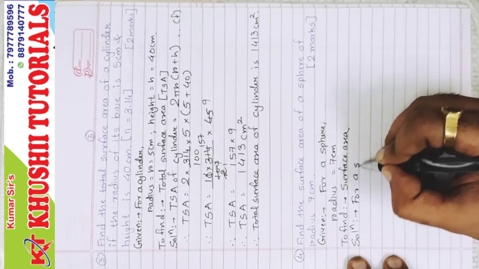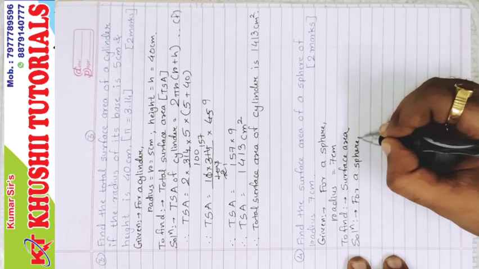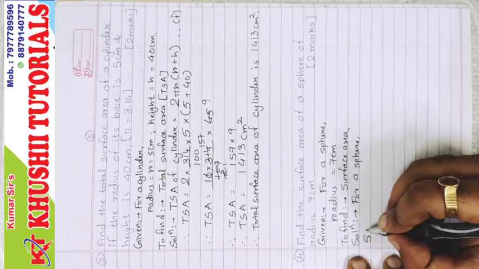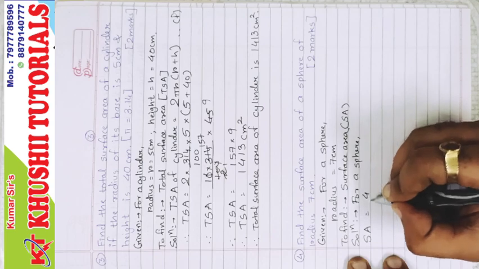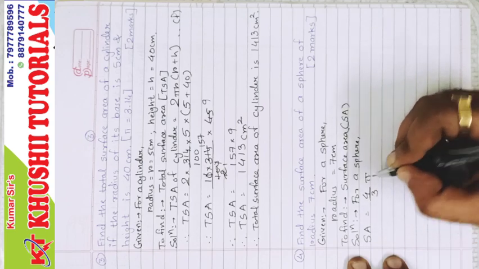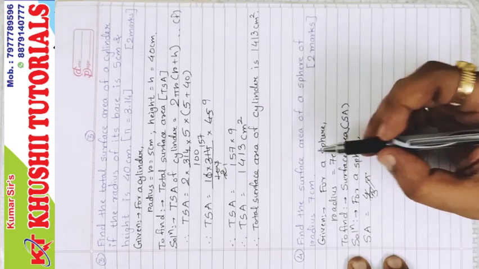For a sphere, surface area, the formula is 4 upon 3 pi, no, that is for volume.